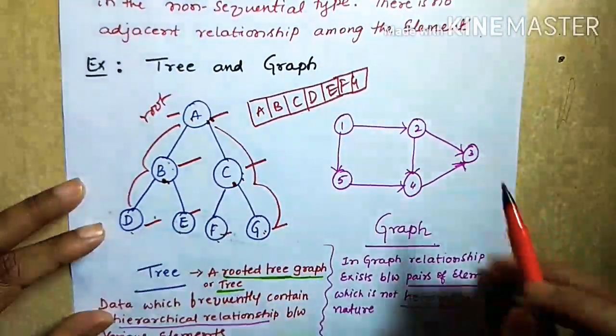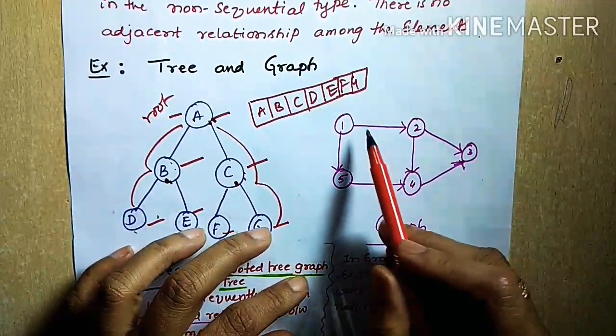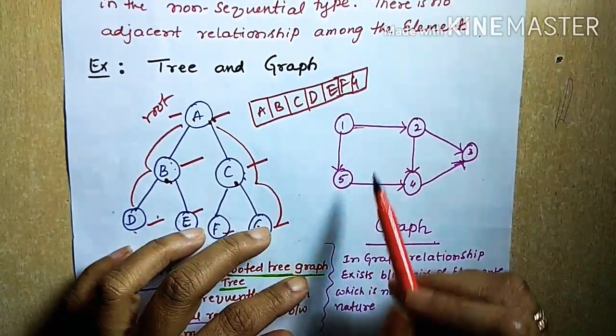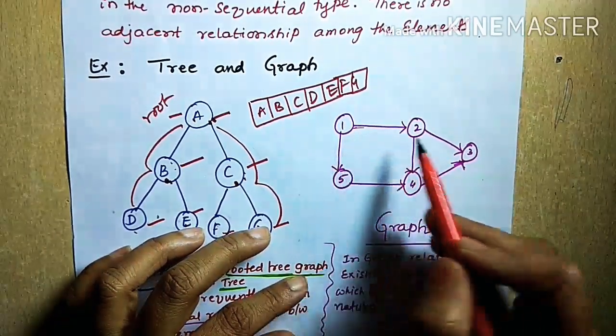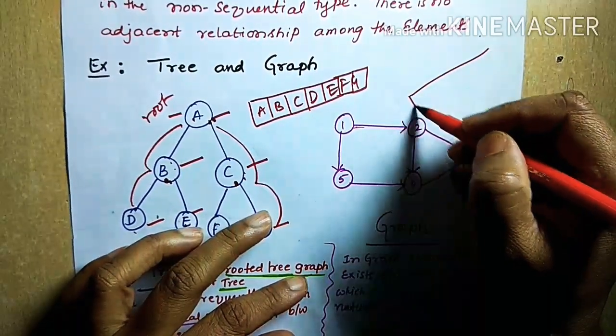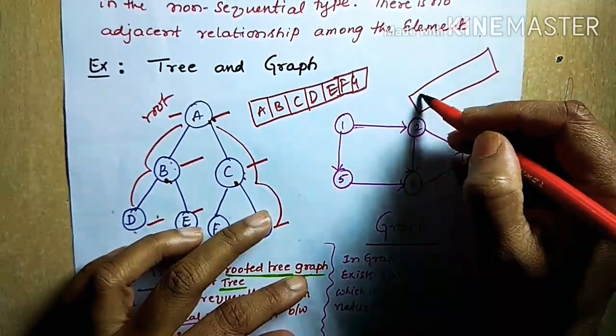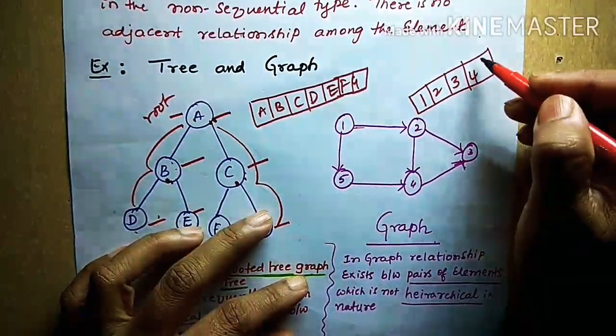And one more example is called a graph. You observe the elements I wrote. Here I took an example 1, 2, 3, 4, 5. How do we store it in an array? Sequentially, like this: 1, 2, 3, 4, 5.